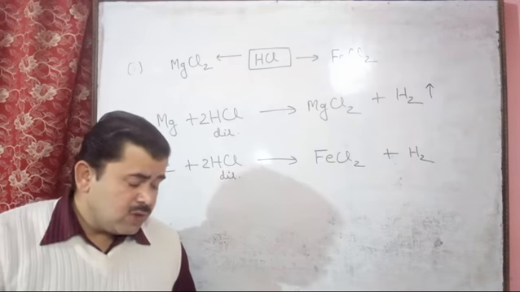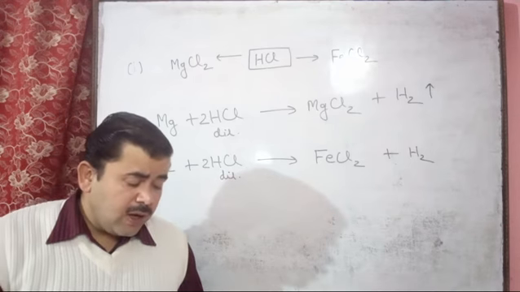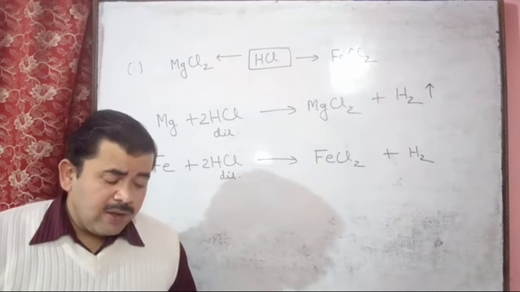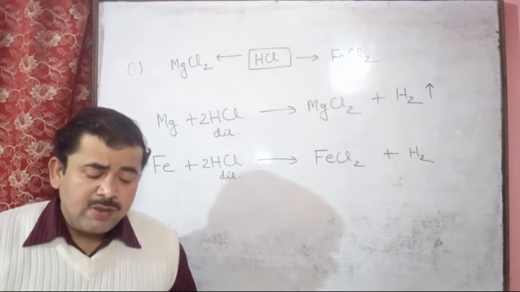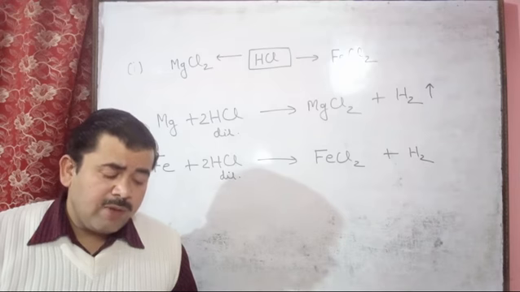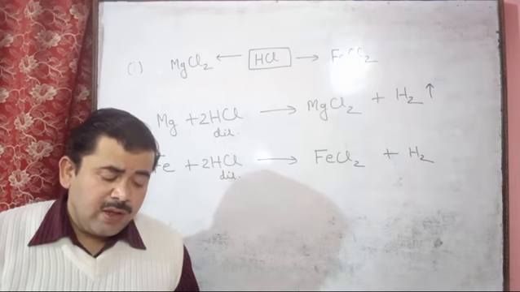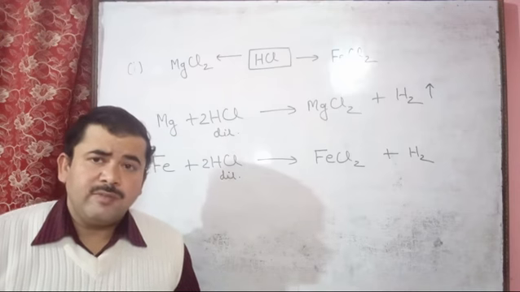And after this, question number 4, name the following. A metal below iron but above copper in the activity series of metals which has no reaction with water. So here lead.